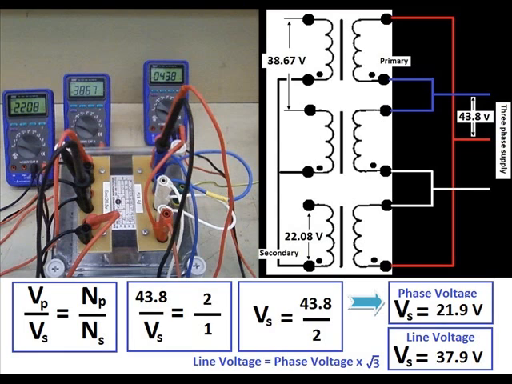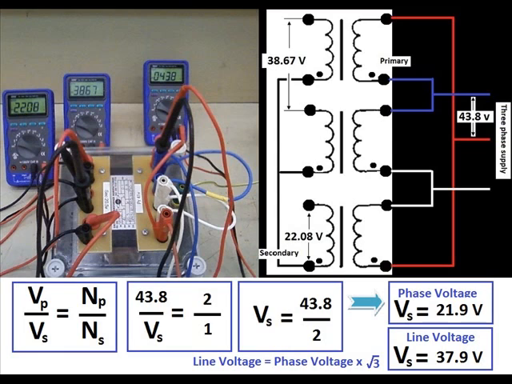Again, using our ratios to calculate what we expect on the secondary from our primary input, we're using the 43.8 volts because that is the actual phase voltage, although it's also the line voltage because it's a delta connection. So it's the voltage that is across each of the primary windings.